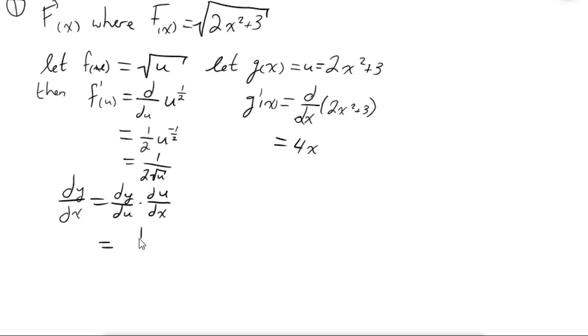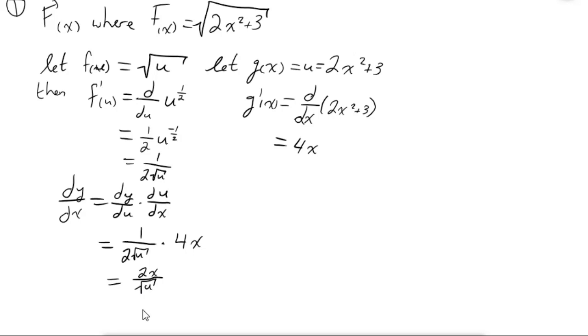So that's equal to 1 over 2 times the square root of u multiplied by 4x. But we're not done yet, because that's not super useful. We don't want everything in terms of u, we want everything in terms of x. So first of all, I'm just going to combine that, so I'm left with 2x over the square root of u.